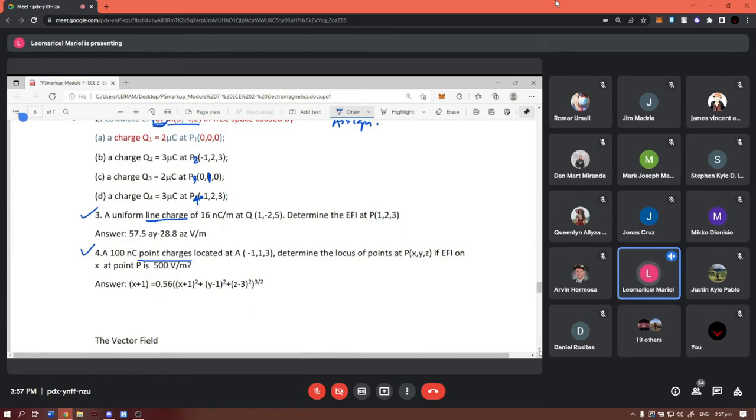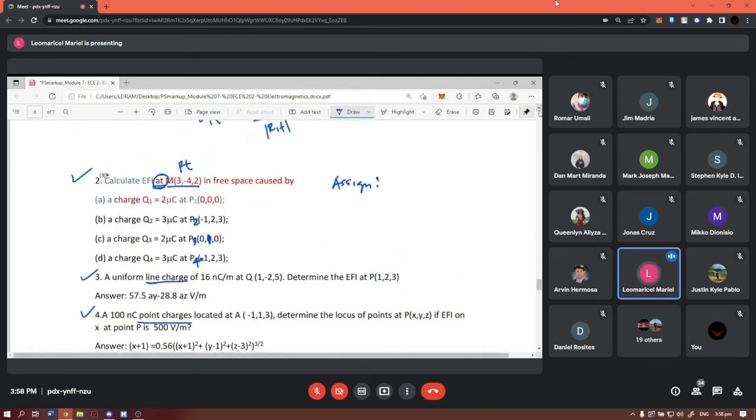So, my next question is, yung problem 1 and 2 natin, ano siya? Line charge ba yan o point charge na example? Yung number 2 po ba, tinatanong niyo po sir kung line po siya or point charge po? Oo. Kasi 1 and 2 magkamukha yan na problem, di ba? Binago ko lang po yung mga ano.